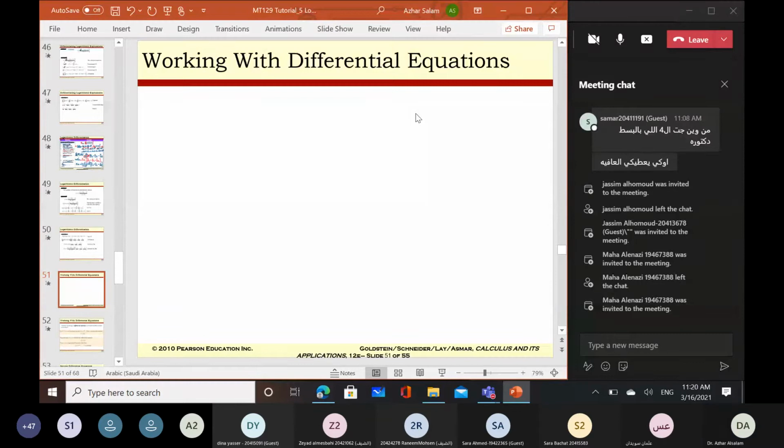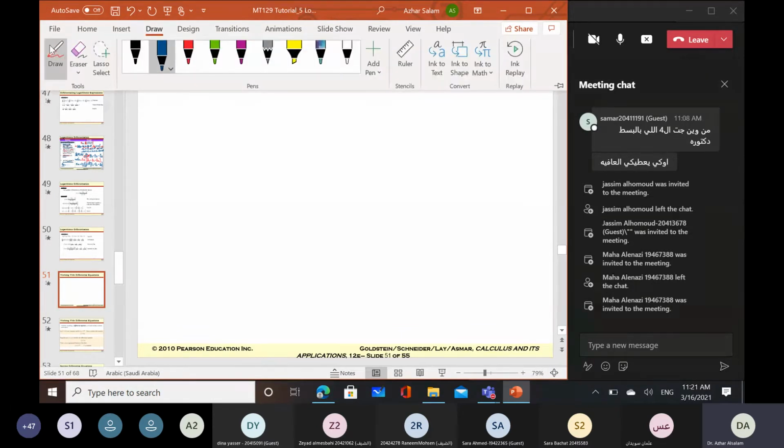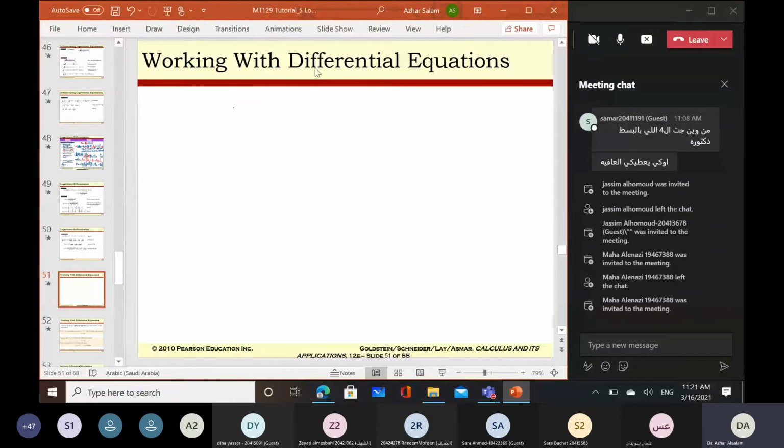Okay, now we will apply logarithmic differentiation on something we call differential equations. First, we will define the differential equation. What is a differential equation? It is an equation, and I call it an equation if I have two sides and equality between them.